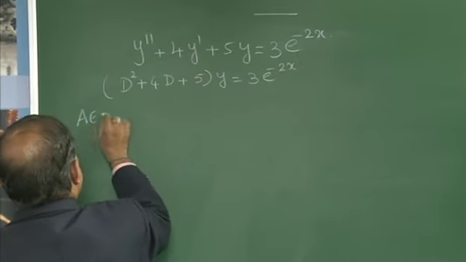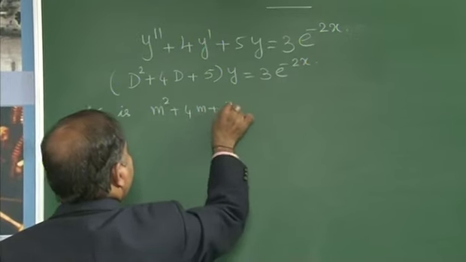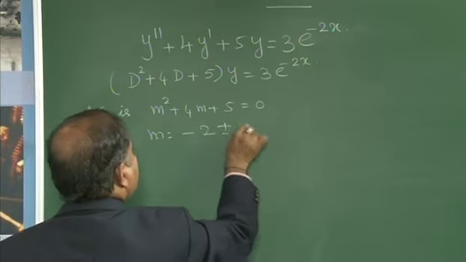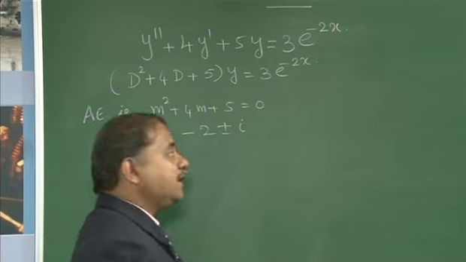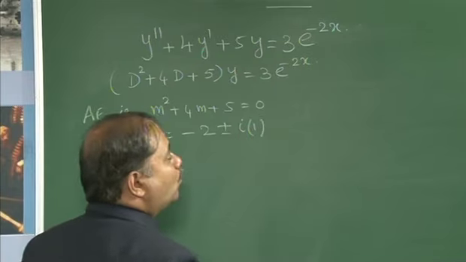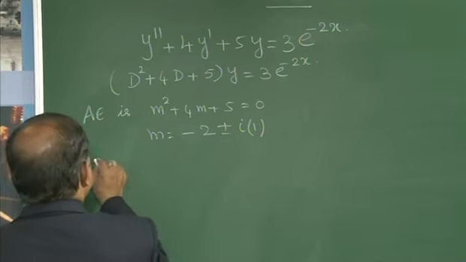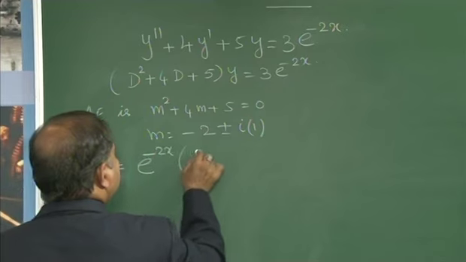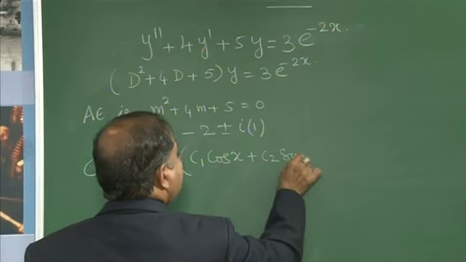Auxiliary equation: m² + 4m + 5. You will get the roots −2 ± i. Complex roots, you will get −2 ± i. I already told you, only i, please write the coefficient as 1: m1 ± i m2. What is my CF? e^(−2x)(C1 cos x + C2 sin x).